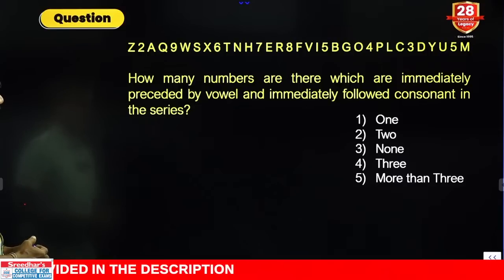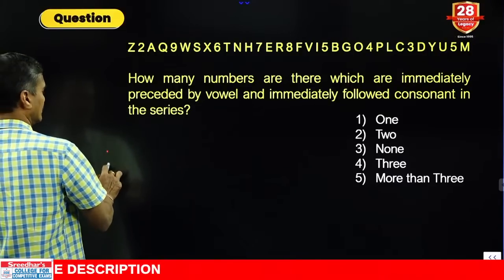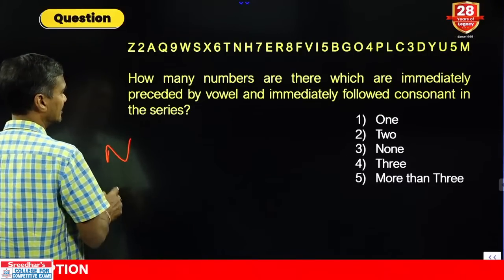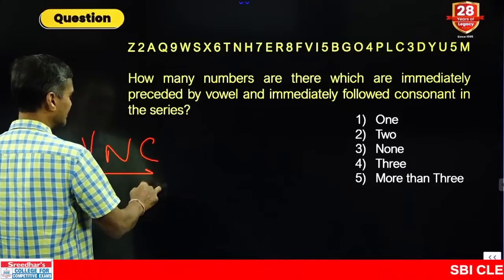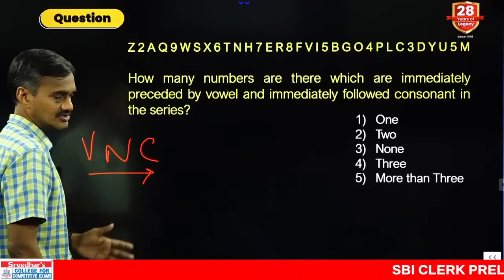Now, how many numbers are there? We are talking about the numbers which are immediately preceded by a vowel and followed by a consonant. So how should the sequence be? Vowel, number and a consonant, isn't it?